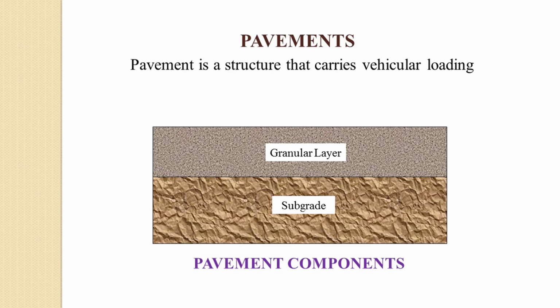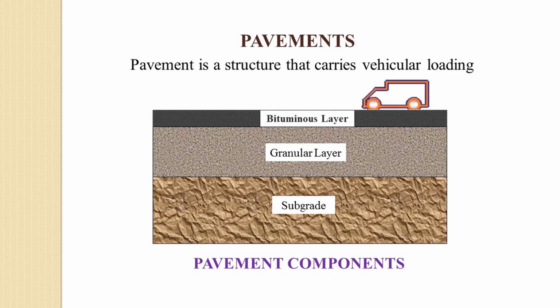The real structural thing comes about in paved roads. There are unpaved roads, rural roads and haul roads, which are all unpaved in nature, because that is sufficient for the purpose. When you want vehicular comfort, the movement has to be done very smoothly, then you have the paving, and that is a bituminous layer.